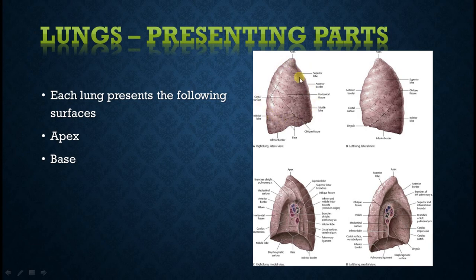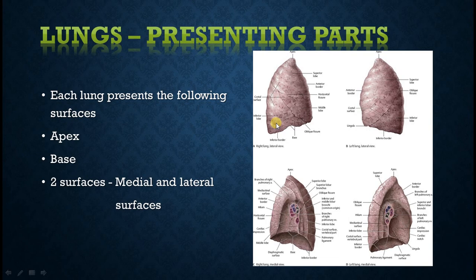Then this outer surface is called the costal surface of the lung. The other surface which is facing the mediastinum is called the medial surface or the mediastinal surface. This is the costal surface or the lateral surface.